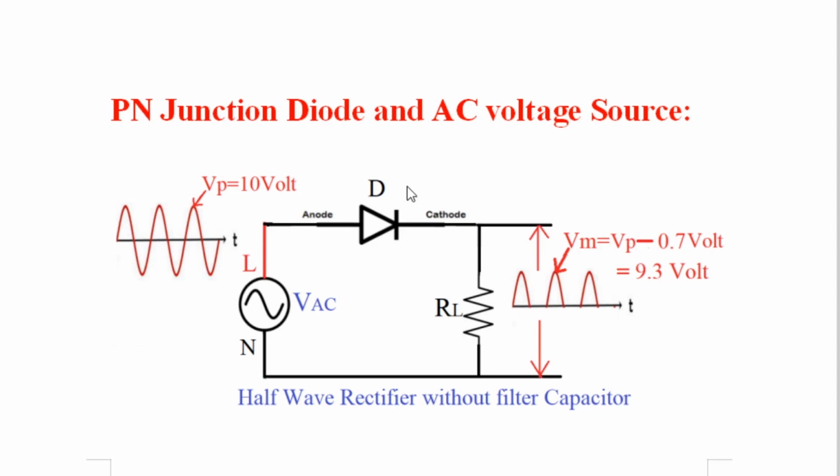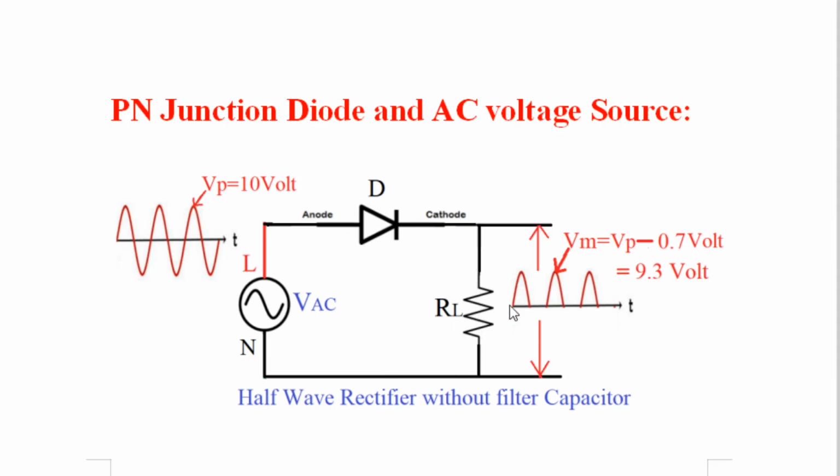This circuit diagram we are going to study in detail in the next slide. So here, during positive half cycle, when anode voltage becomes greater than 0.7, diode will conduct and current will start flowing through RL.